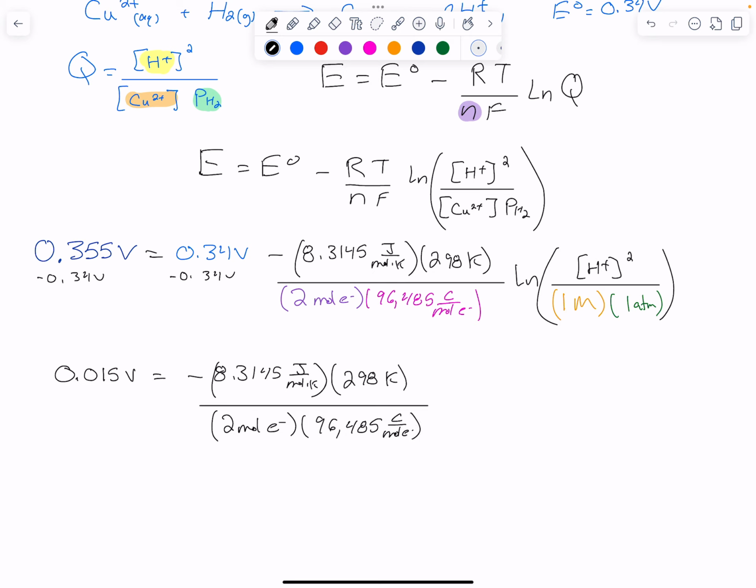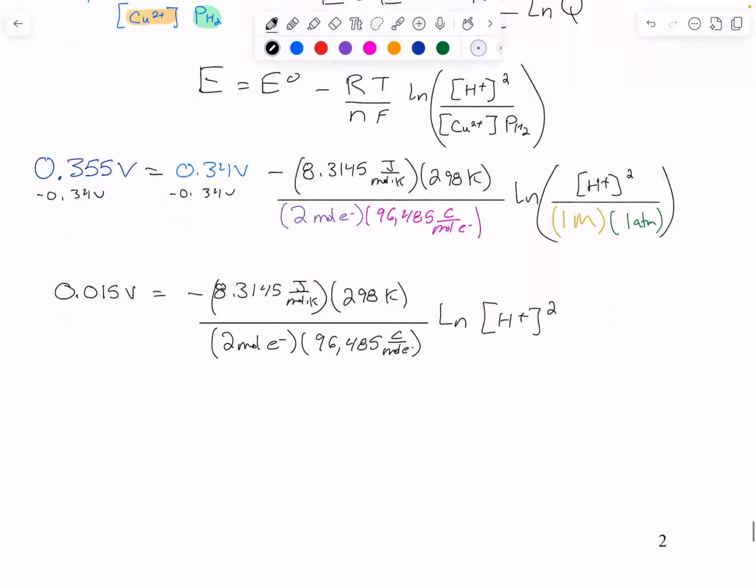And then we have the natural log of the concentration of H+ squared, because the other things cancel as 1. Now we are going to take everything on the bottom and multiply, and everything on top we're going to divide.